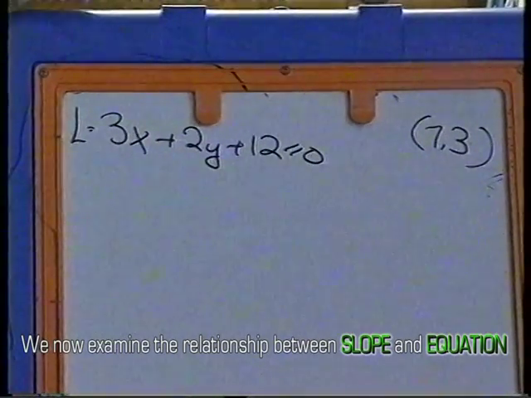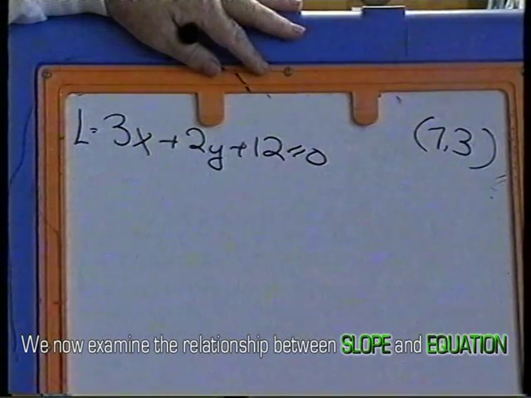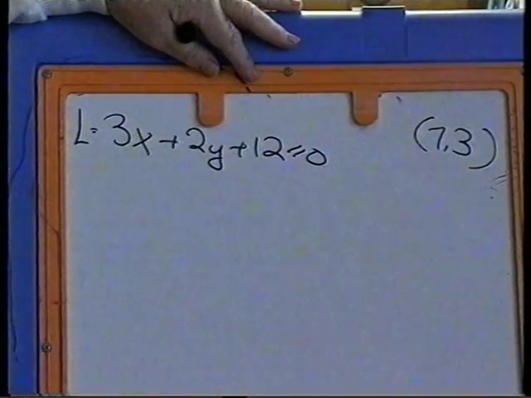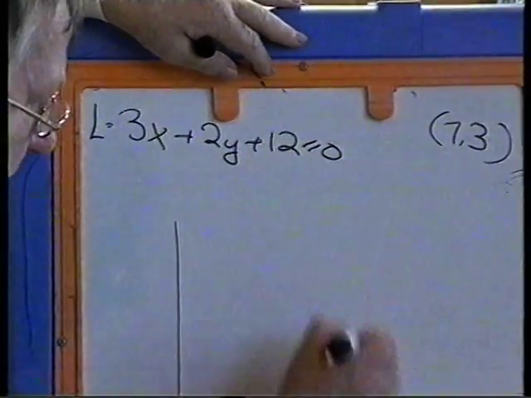Now to get the slope of a line from an equation, I showed you how we got the equation.